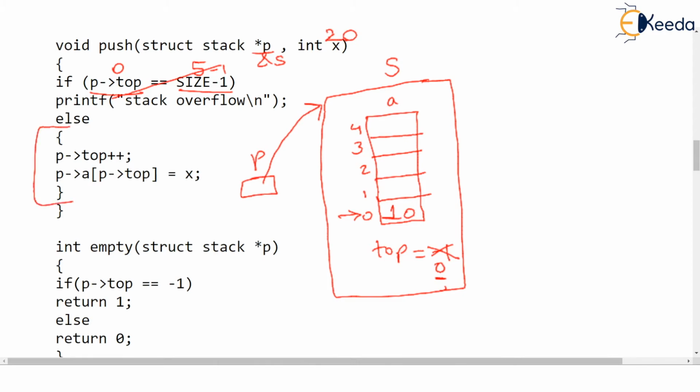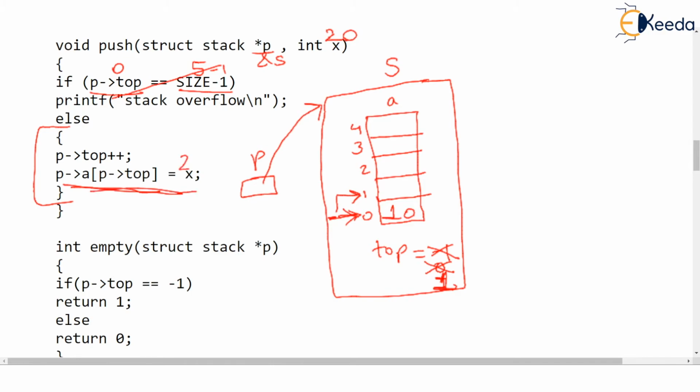I hope you are getting an idea. This top, which is 0, I am marking here, top is 0, has been simply increased by 1. Because now, whatever you are pushing, like 20, will sit on top of 10. So top, which was 0, let's strike it out, becomes 1. Top is 1. And now, look at this line which I am underlining.